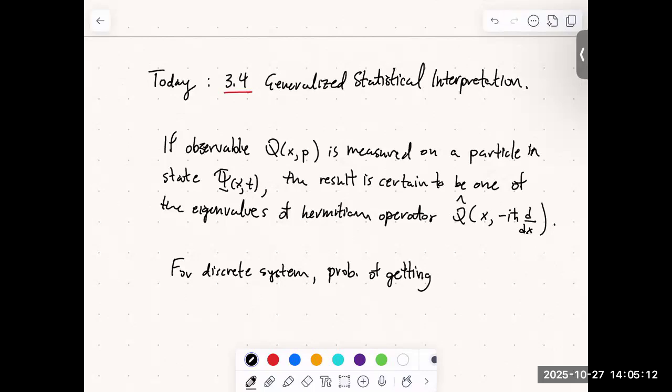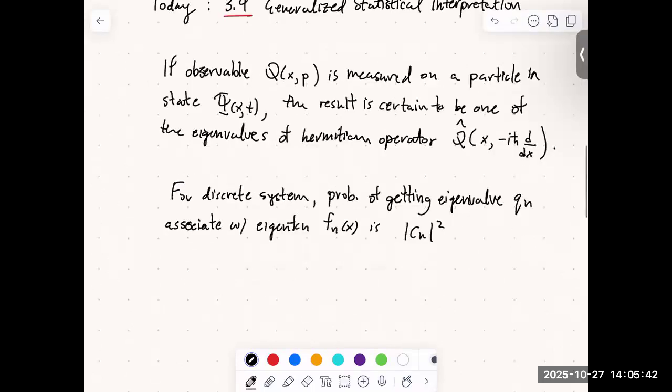The probability of getting a particular one, so let's say eigenvalue Qn associated with eigenfunction Fn, is the Cn coefficient squared, where we calculate Cn using these inner products.